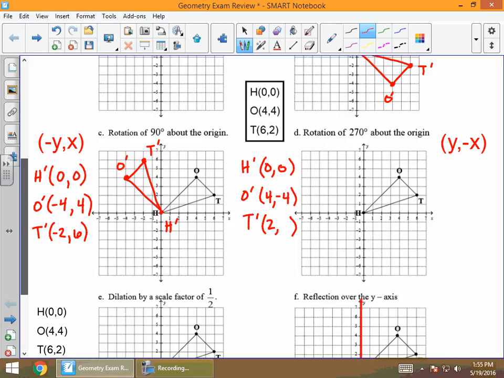The opposite of the x value is -6. So I plot those points. 0, 0. 4, -4. And 2, -6. And I just connect those dots.